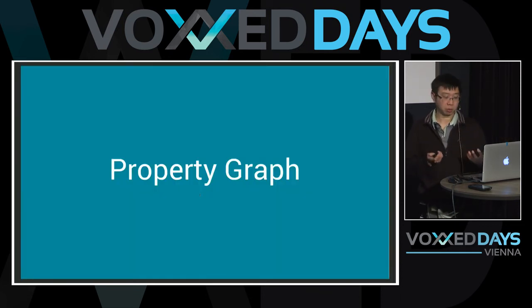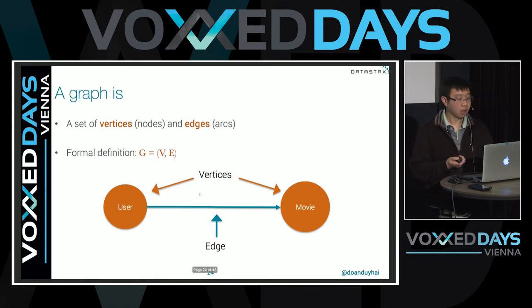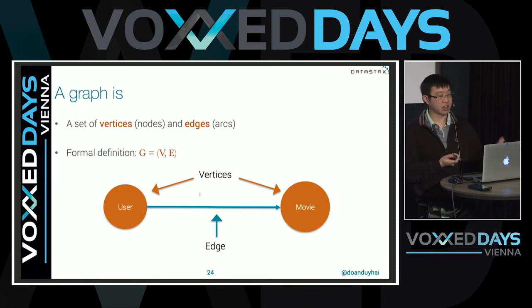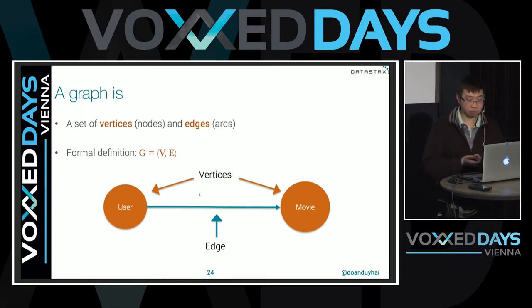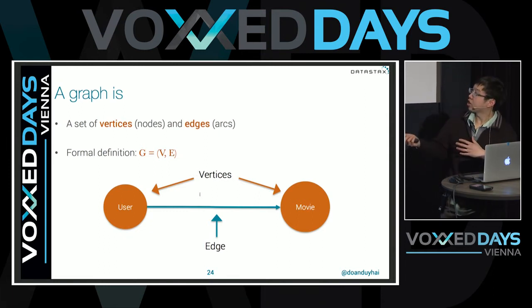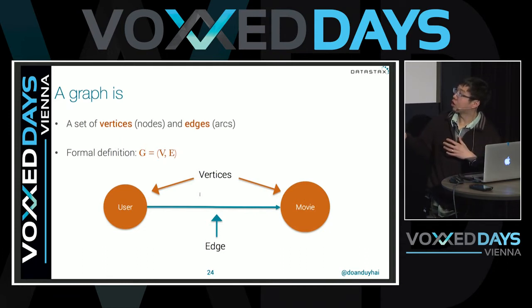So what is a property graph? A graph is defined as a set of vertices, nodes, and edges, which are the arcs. So the formal definition is a set of vertices and edges.